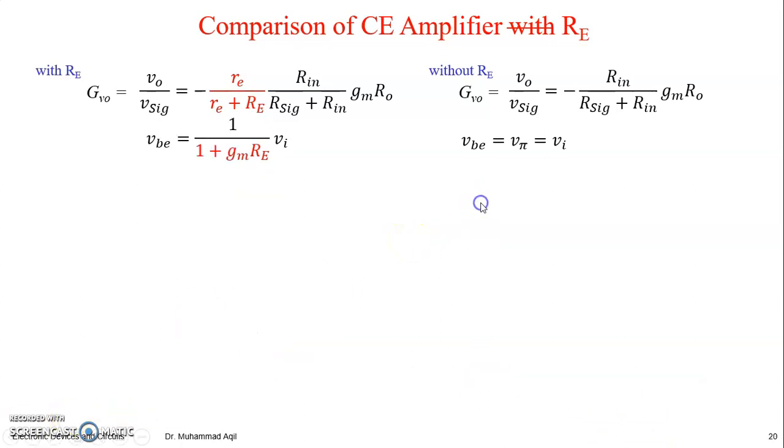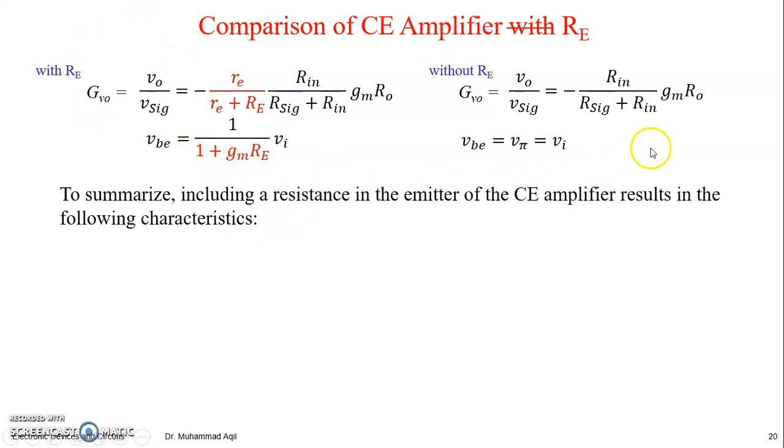Right? So let's further summarize this, recalling the figures we have presented in the previous slides. To summarize, including a resistance in the emitter of the common emitter amplifier results in the following characteristics.